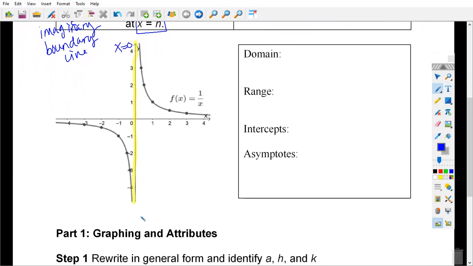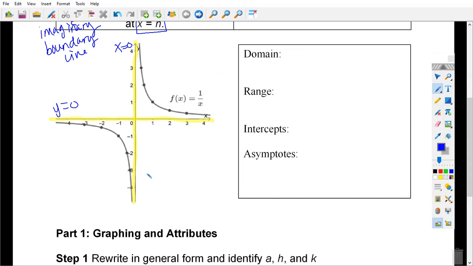That's our vertical asymptote. Notice how as our function gets close to it, does it ever cross it? No. Our horizontal asymptote, which is right here, is at y equals 0. So even though it's on the x-axis, it's horizontal, and the equation for a horizontal asymptote is y equals a number. Okay?